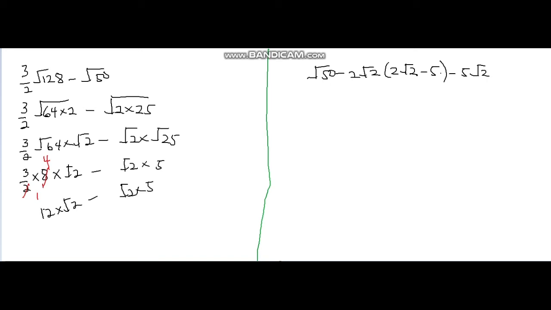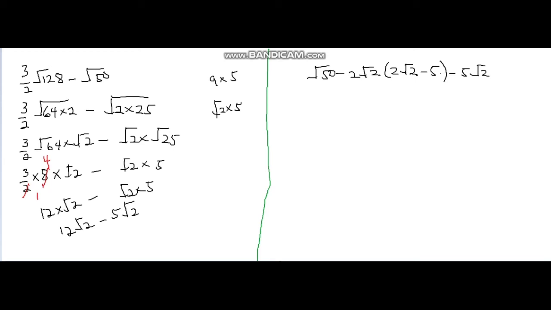So I can rewrite this, taking the multiplication sign off. So I'm going to get 12 root 2 minus 5 root 2. Now this side, someone will ask why am I writing it like that? If I have square root of 2 times 5, it's like having a times 5, and a times 5, I don't write a5, but I write 5a.